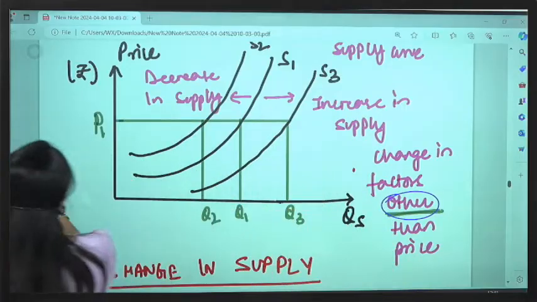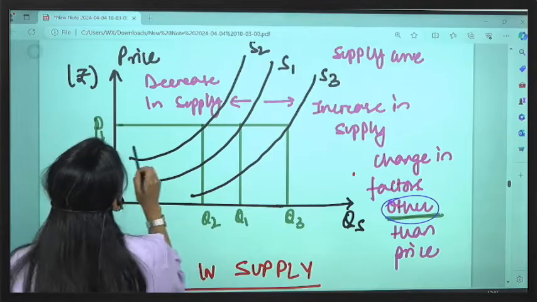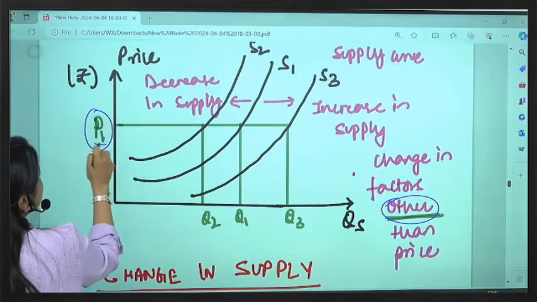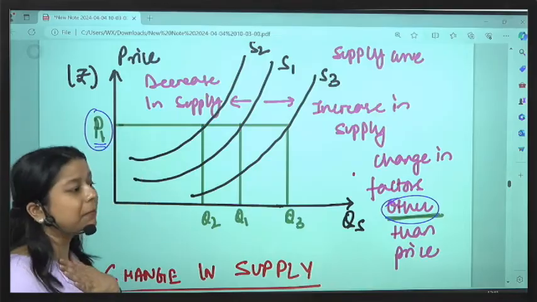See, what is happening in this case is that the current price is at P1 for mangoes, let's say. I am a mango seller.